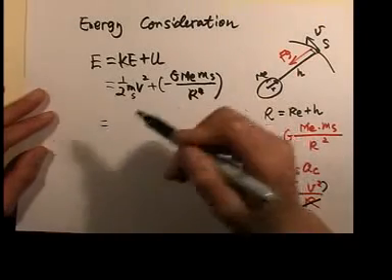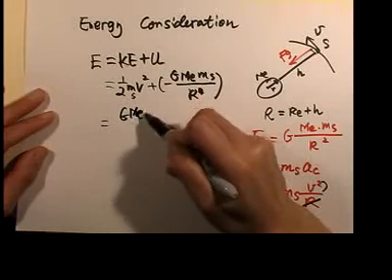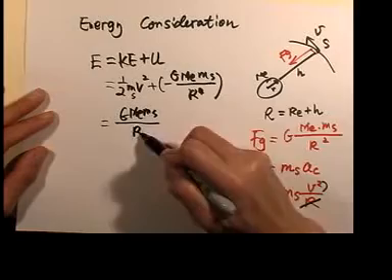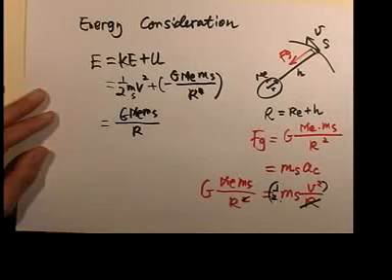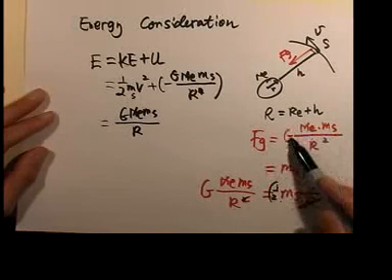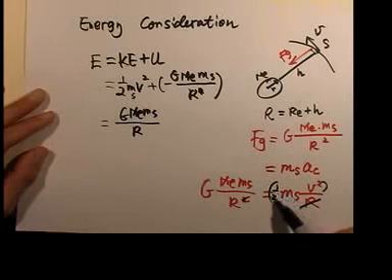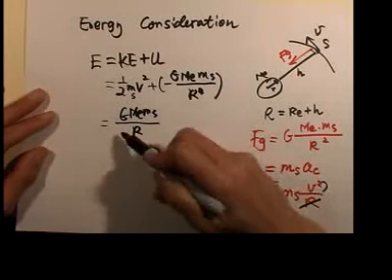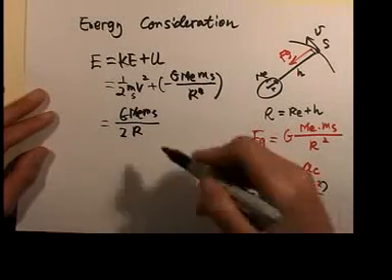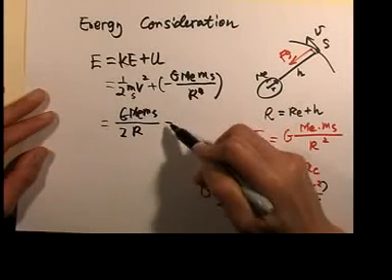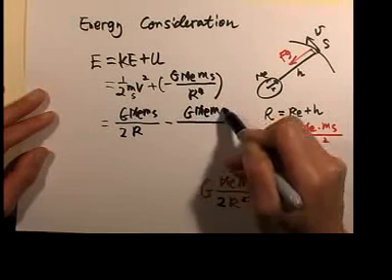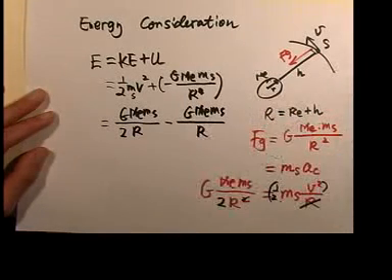Because we multiply by 1/2 on the right, we should also multiply by 1/2 on the left. And then the second term is a minus G, mass of the Earth, mass of the satellite, over r.